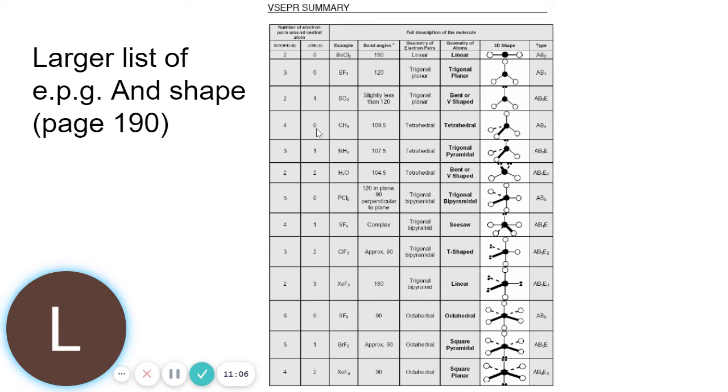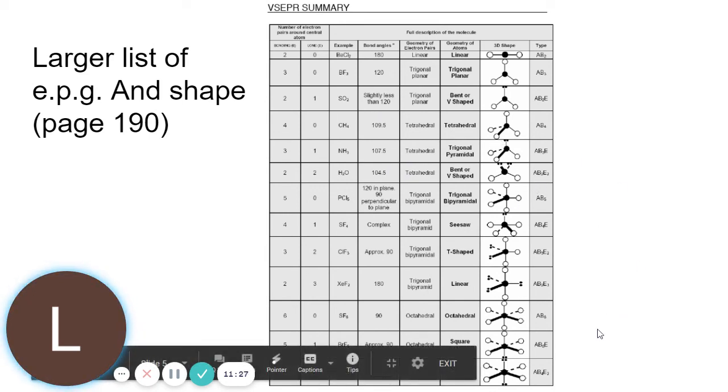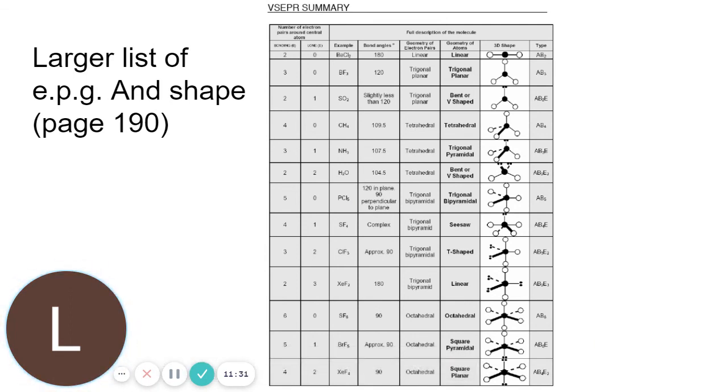We said 4 and 0, that's tetrahedral. And notice all 3 of these have tetrahedral electron pair geometry, but their shapes are different based on how many lone pairs they had. This was the last slide that we went over, but just put in table form. I think it helps to see it like this. Again, the one in your book is a little more condensed than this because it doesn't go as detailed into the expanded octet ones. But I do think it's good to have this in your repertoire.